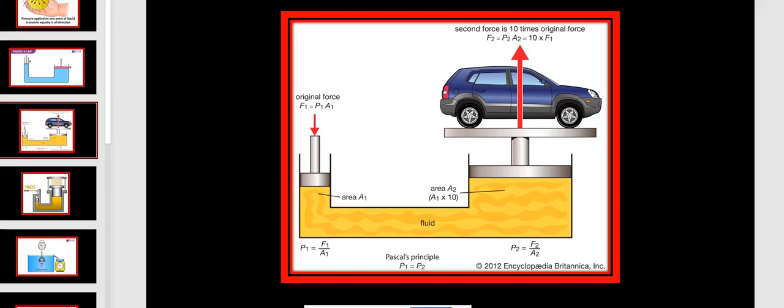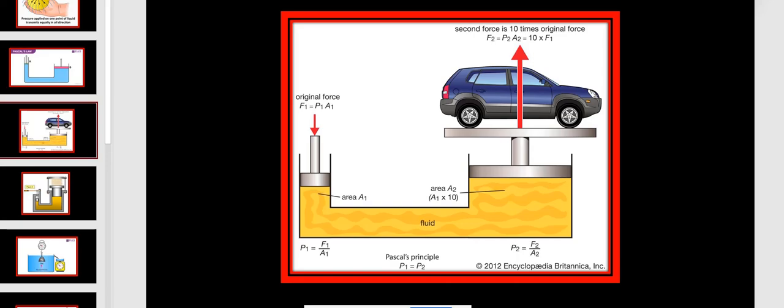We have this setup in automobile shops. On one side they apply less force. On the other side, the car side, they get more force. Why? Because the area is more, so the force also increases. So this is a benefit for us, right? Instead of the person lifting the car, you apply less force on one side and get more force on the other side, and that force you can use for lifting the car.